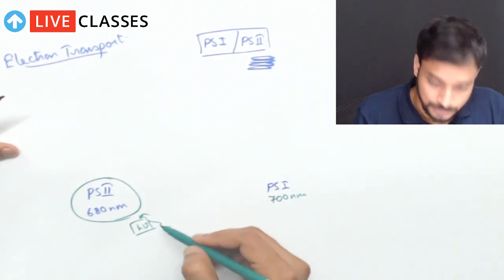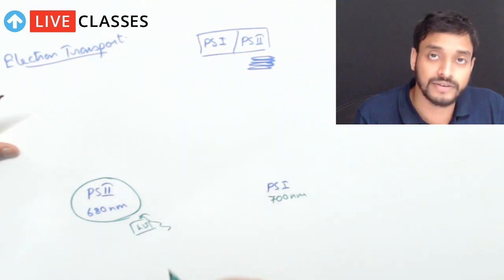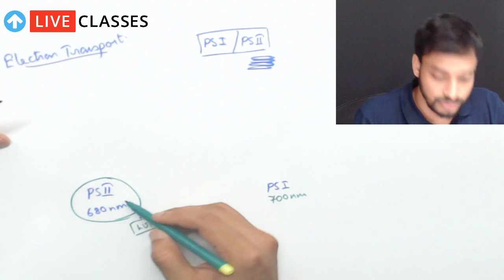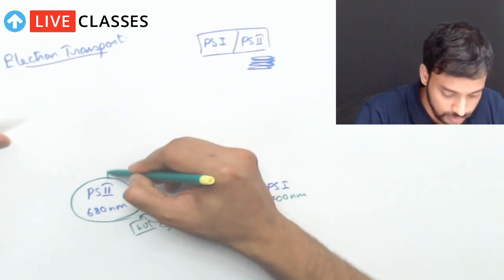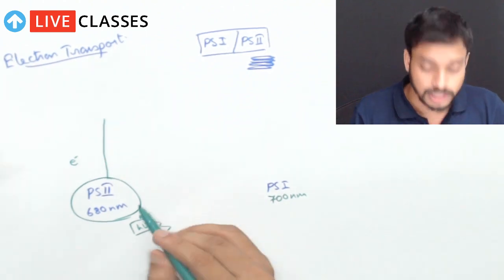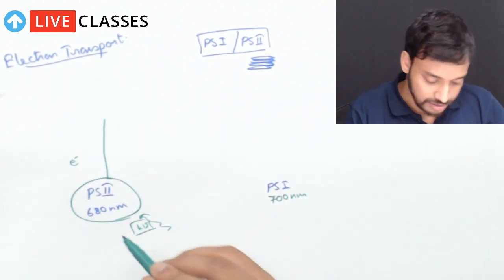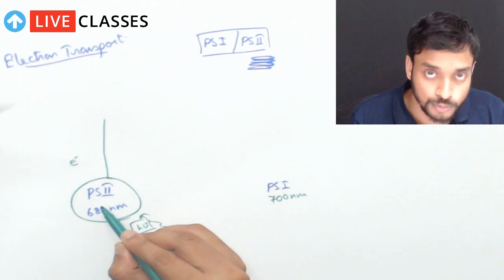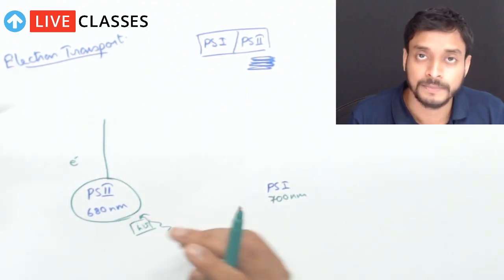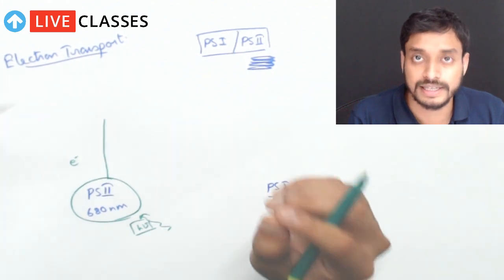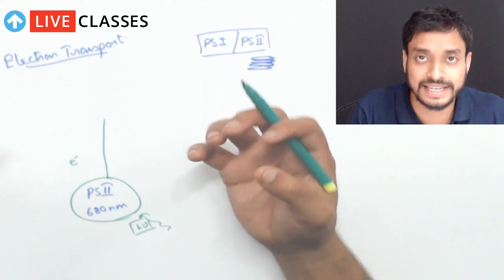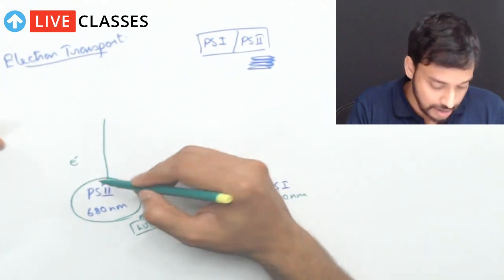So when sunlight falls, and if the range is 680 nanometers, it results in the release of electrons. Let me repeat. When sunlight falls on the reaction center of photosystem 2, because of the high energy of this wavelength, the electrons present in the outer shell of these molecules are excited, they gain energy and are released.